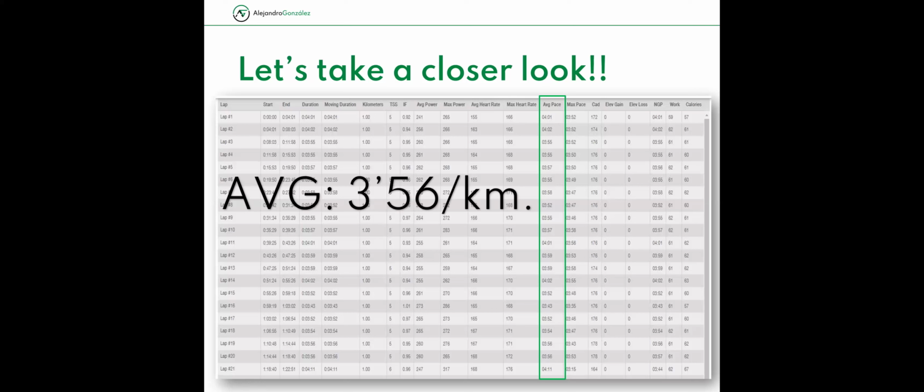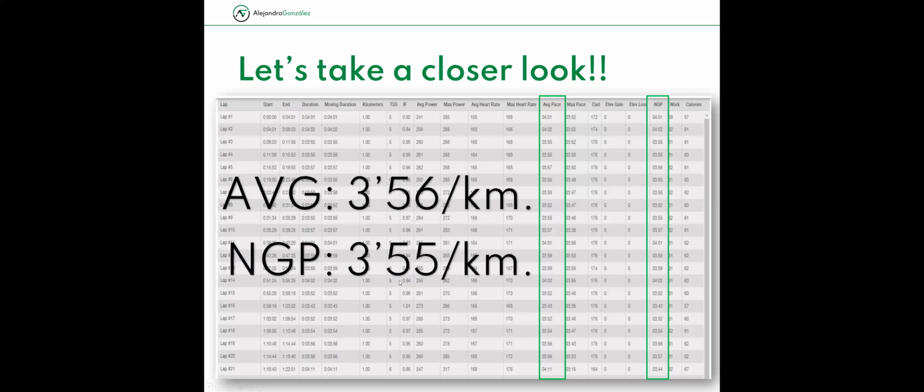the average pace was 3 minutes 56 seconds per kilometer. And the normalized gradient pace, that is this column, was 3 minutes and 55 seconds, just 1 second of difference. That means that the race was very flat, and that is true.